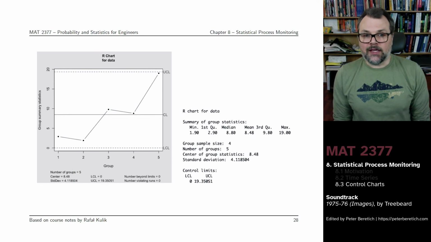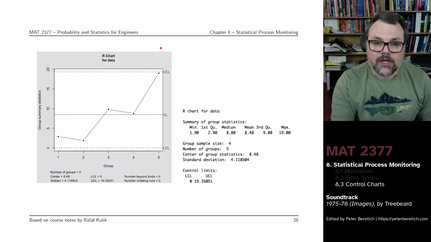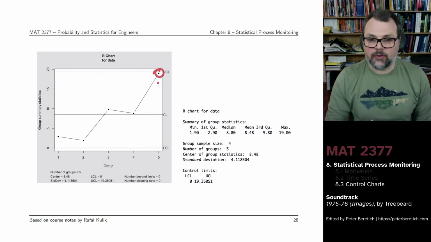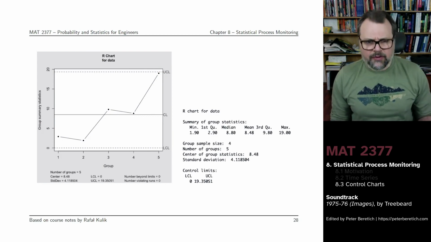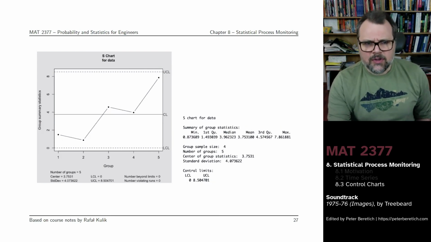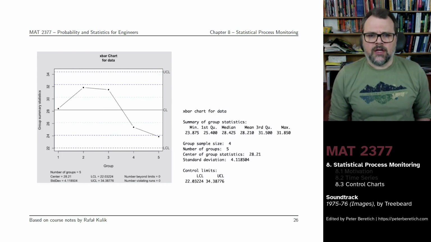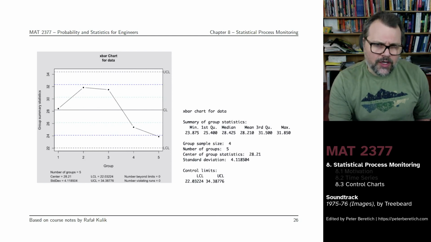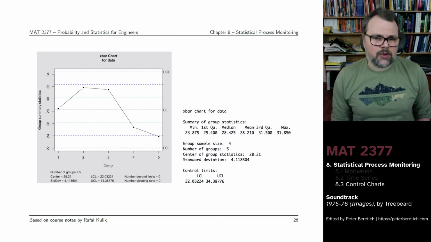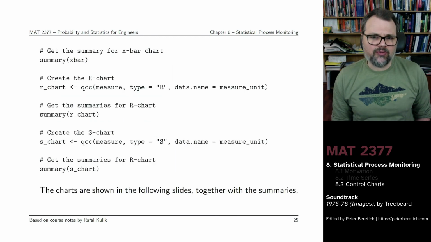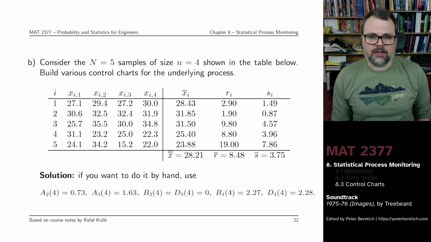If you look at the chart for the ranges, and now we're starting to get close to the upper control limit. Look back here for a second. Something was close to the upper control limit for the standard deviation as well, and well, it was a bit of a warning here for the sample mean. It certainly seems as though something is happening with group 5, which is not like the other ones.